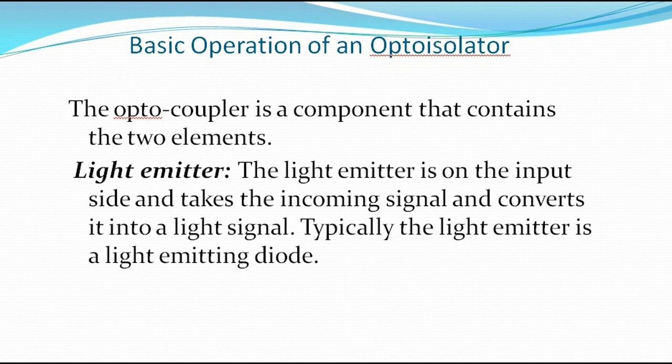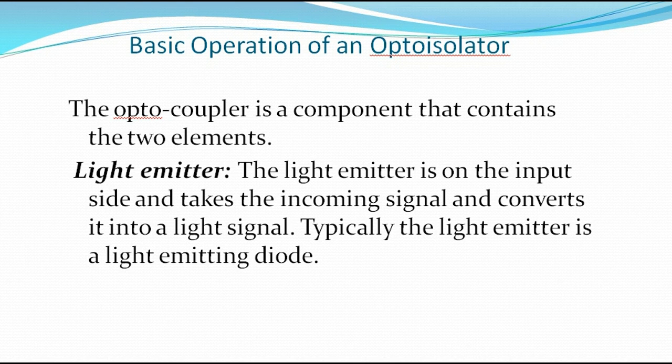The first is the light emitter, which is the diode. The emitter is on the input side and takes the incoming signal and converts it into a light signal. Typically, the light emitter is a light emitting diode.